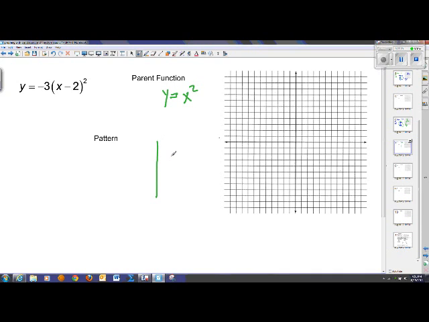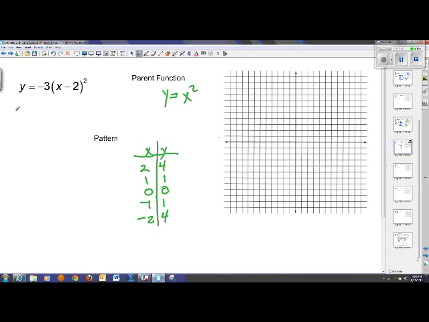Y equals x squared has a pattern of x's and y's being 2, 4, 1, 1, 0, 0, negative 1, 1, and negative 2, 4.